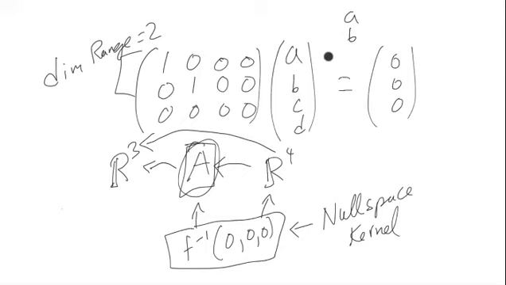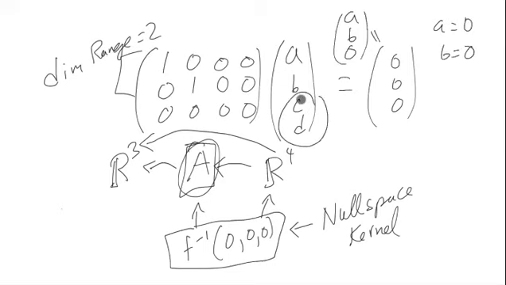The next one is B, and then the next one is just simply 0. And since these have to be equal in this set right here, this subset of the domain, the fiber over 0, what maps to 0 is this, we notice that A and B are forced to be 0. But guess what? C and D could have been anything they wanted to.